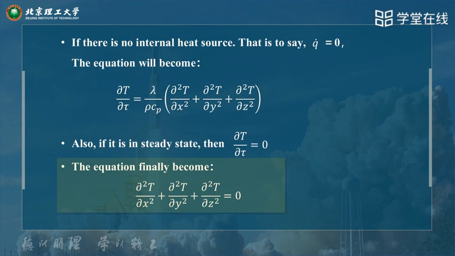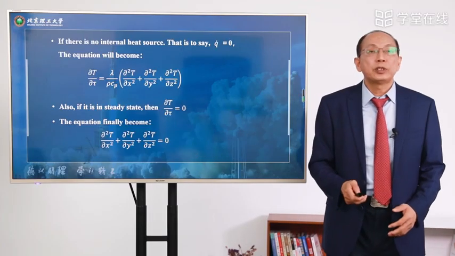So the equation becomes simpler, only three terms together: partial T power second over partial x power second plus partial T power second over partial y power second plus partial T power second over partial z power second equals 0, for steady state with no generation.